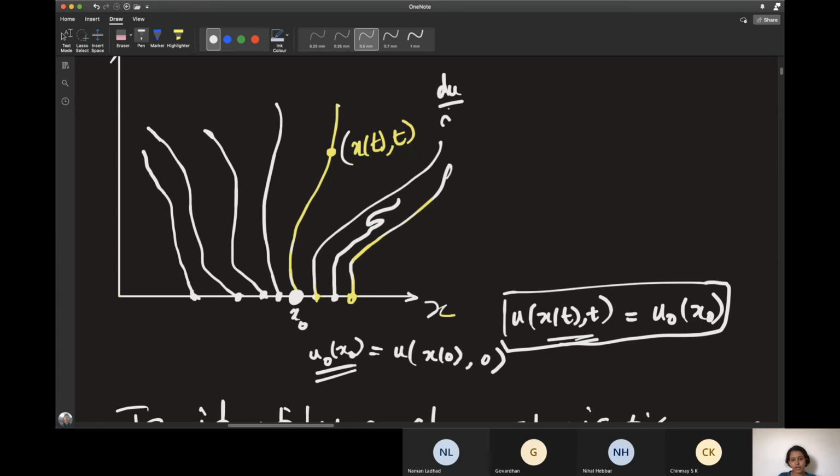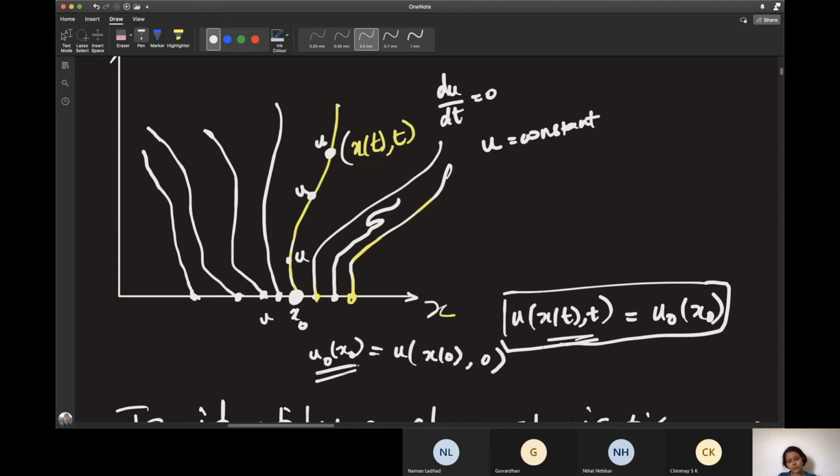Since you have du/dt equals 0, your u is constant along the characteristic. So if you have some u over here, the same u will remain over here, and the same is the value over here, which is the initial point.